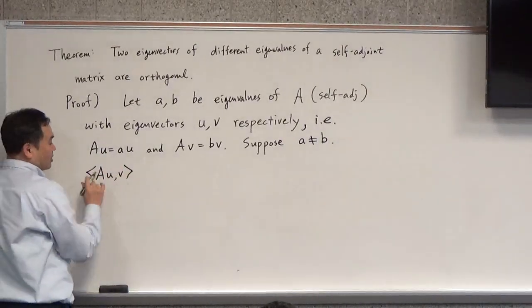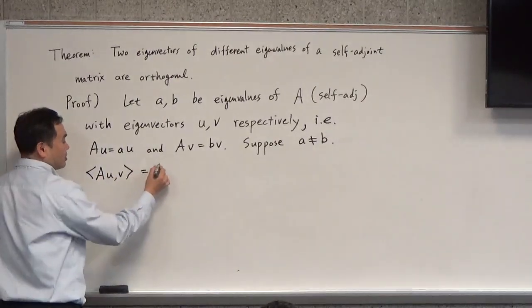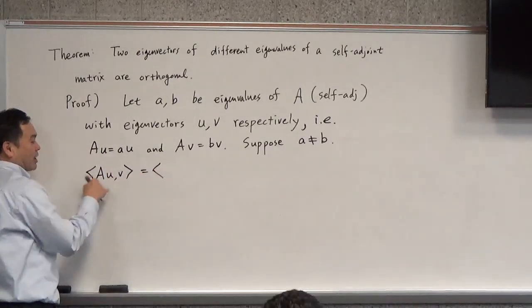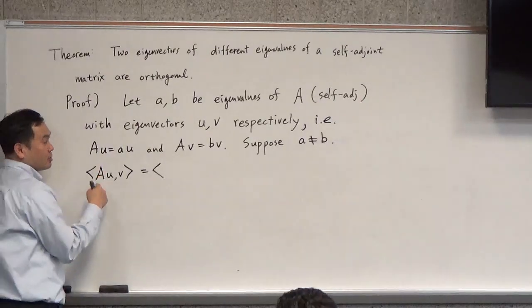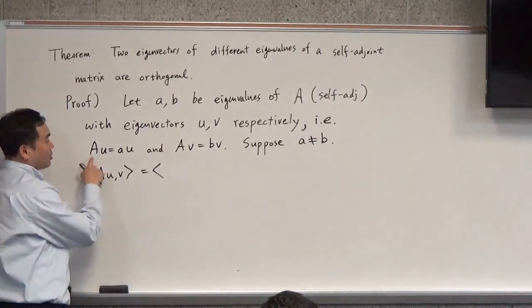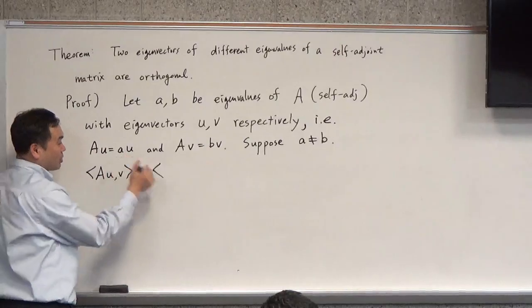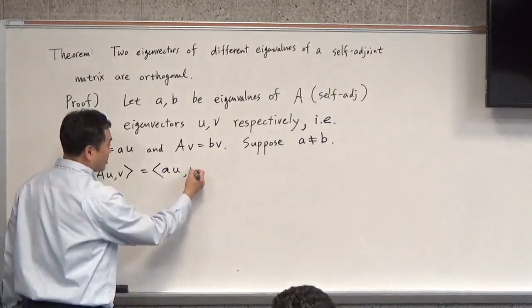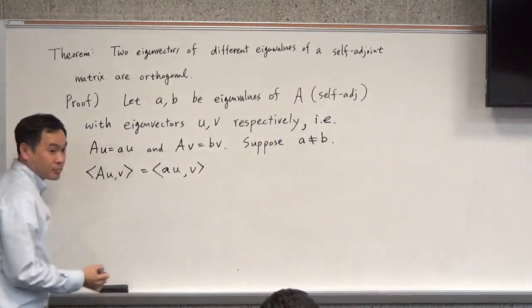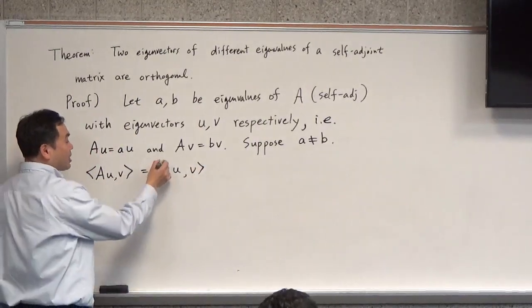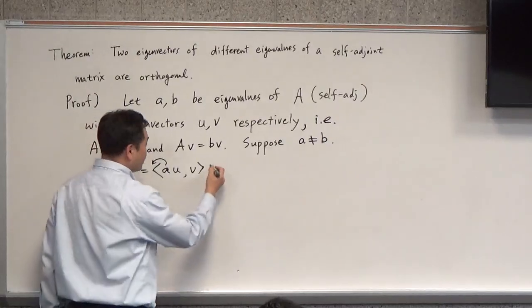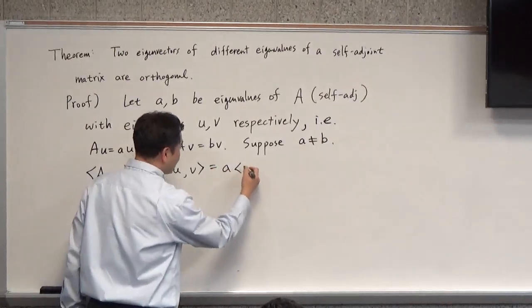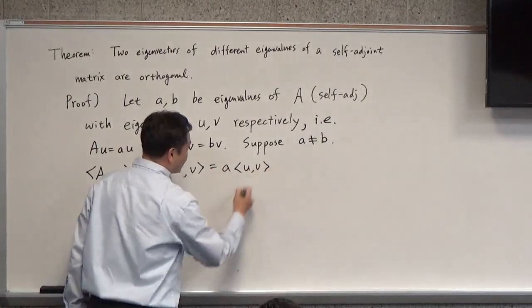One is, what can you replace A u by? A u is small a u, and then v, and then a comes out. So it's a times u, v.